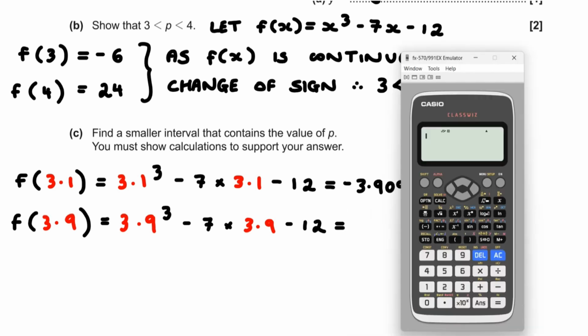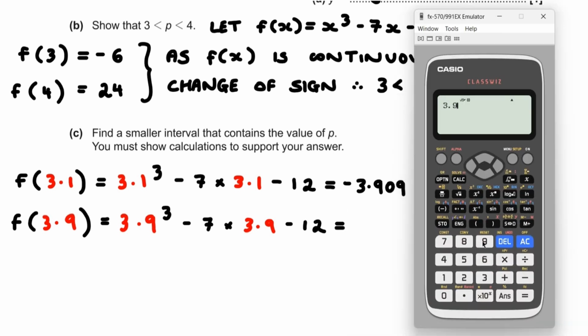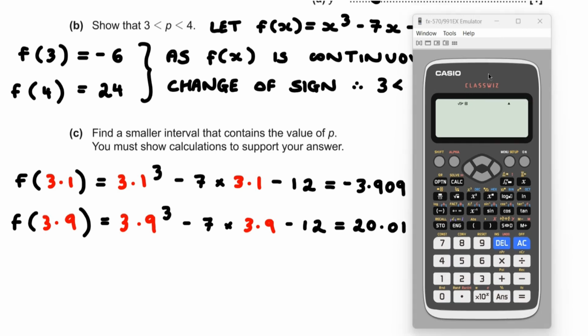So if I work out what this is, I've got 3.9 cubed, subtract 7 times 3.9, subtract 12. So I get 20.019.